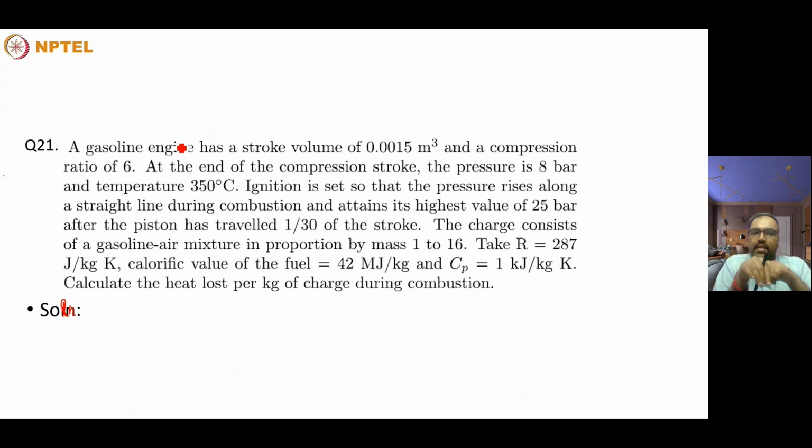So the highest value of the pressure is attained after the piston has traveled 1 by 30 of the stroke. So after the TDC, it travels 1 by 30 of the total stroke length towards the BDC, bottom dead center, to attain its highest pressure.